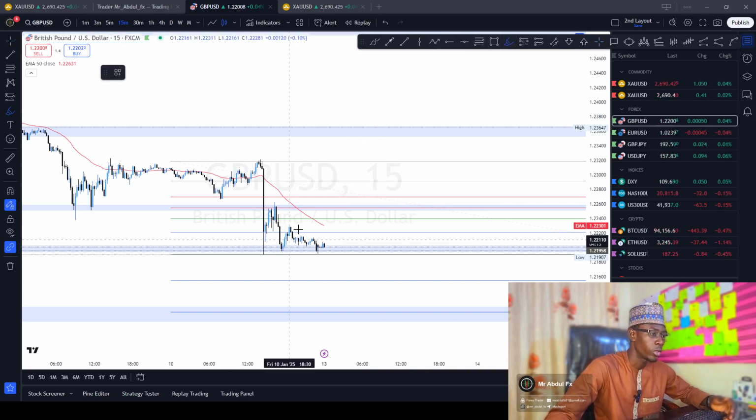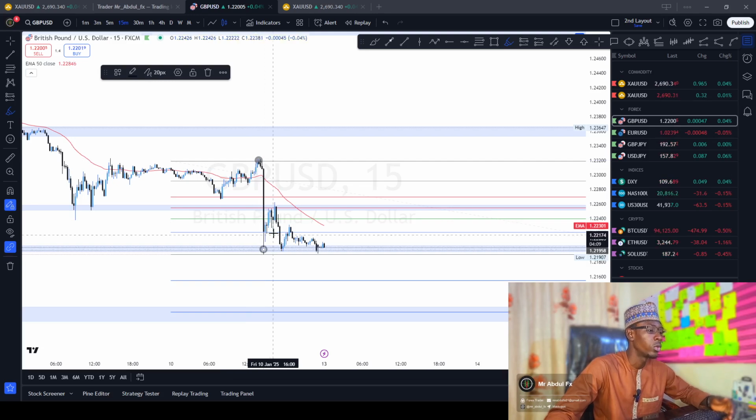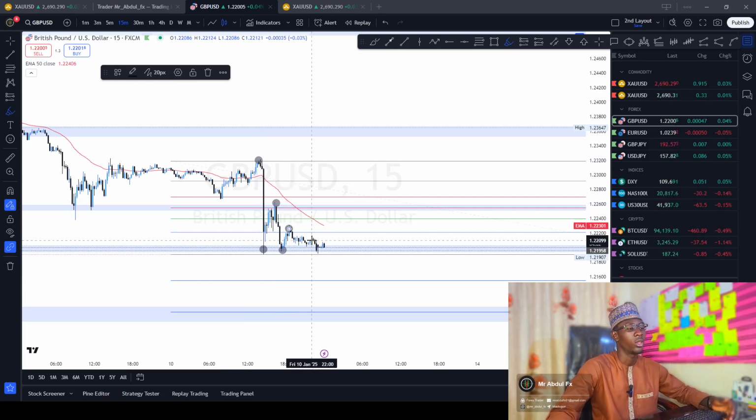Here is my highlighter. So this is a high, lower high, lower low, lower high, and then equal lows, and then another lower high. And then this is another equal low.